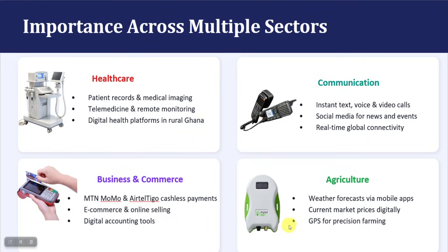And in agriculture, yes, even farming, digital devices provide weather forecasts through mobile apps, current market prices digitally, and GPS for precision farming. So you see, digital devices are shaping nearly every part of our society.